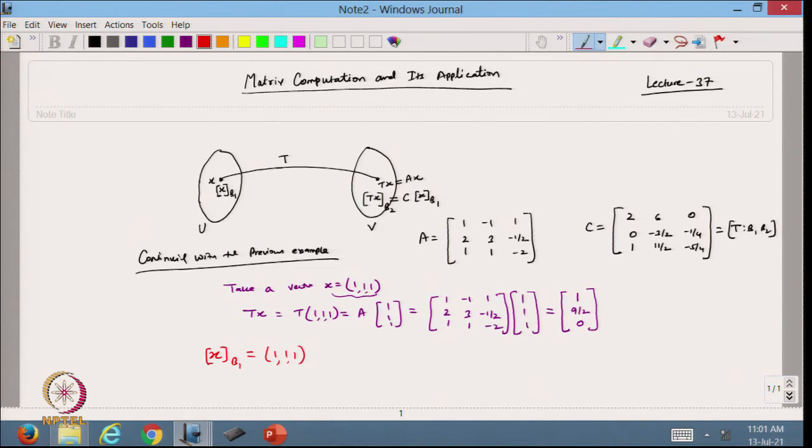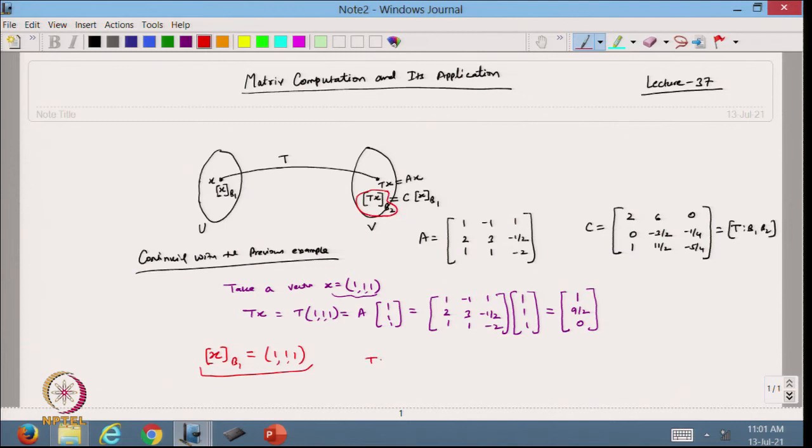Now, from here, this is the value, the T B1 I have taken. Now, I want to find the value corresponding to this. So, I want to find the left hand side, this one.